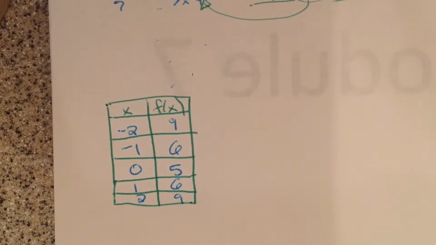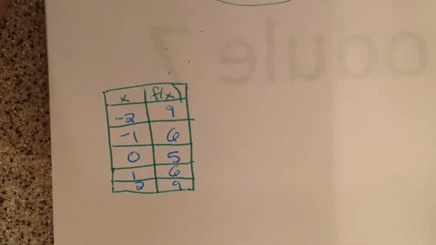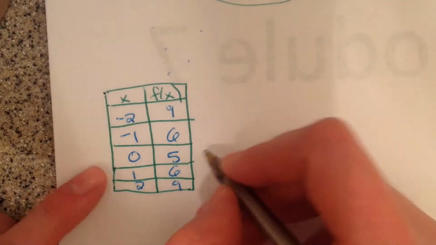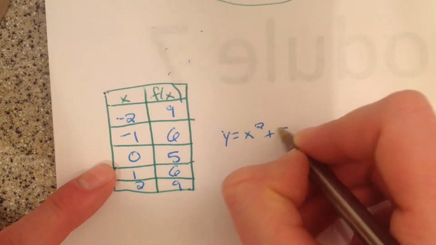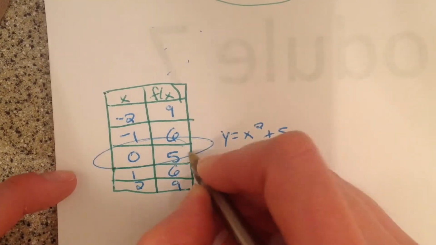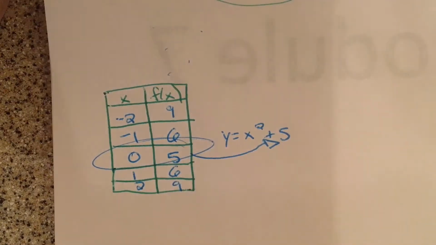Automatically, because it goes down and then up to the exact same numbers, we know it's not linear or exponential because we can't add or times by the same number to get a pattern like this. This has to be quadratic. And this quadratic function is actually x squared plus 5. We know this because this 5 comes from the 0 slot.